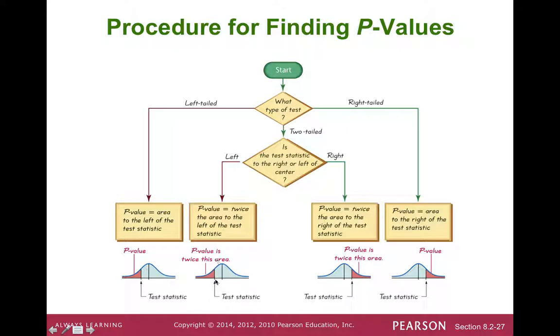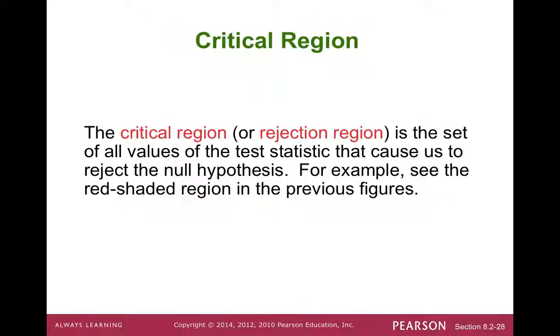If you were doing a two-tailed test, your test statistic would be this boundary, and your p-value would be twice this area, because remember, this is two-tailed, so you'd have to go on either side. For a right-hand test, if your test statistic is to the right of the center in a two-tailed test, it'll be twice this area. And if you have a right-tailed test, it'll be this area. So this diagram can actually be really helpful. I suggest that you use this when you're doing your problems.